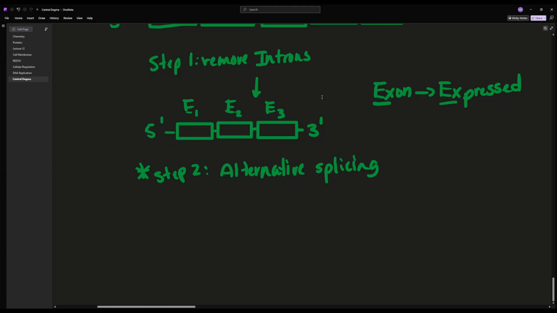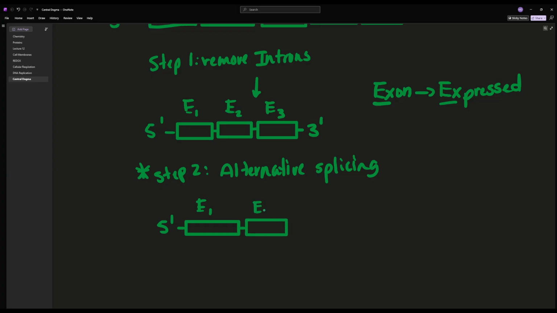If we were to get rid of E2, we could actually make a completely new transcript that is just E1 attached to E3. Now we're going to end up with a fairly different protein because it's lacking that complete middle section, right? And remember, what we're going to get to is this idea that we can convert this mRNA into an amino acid sequence.